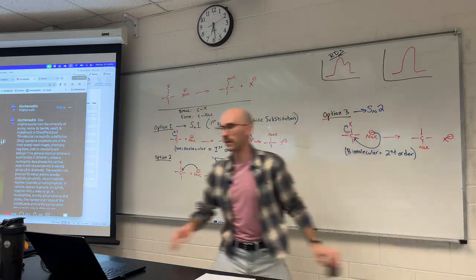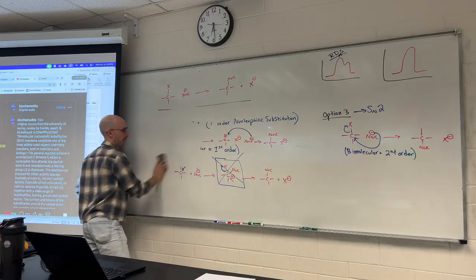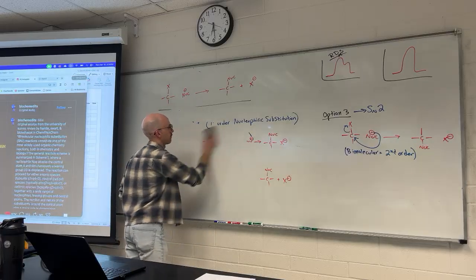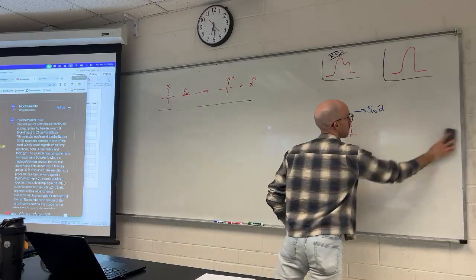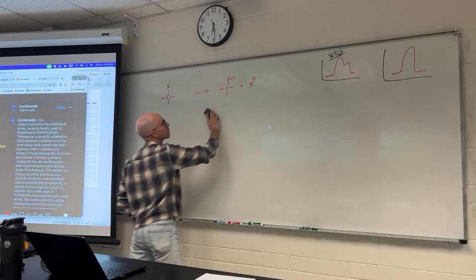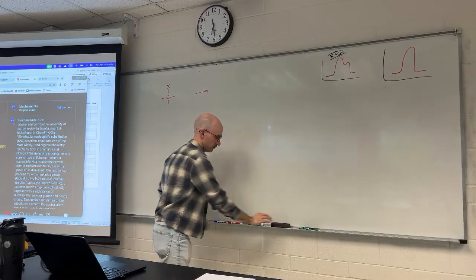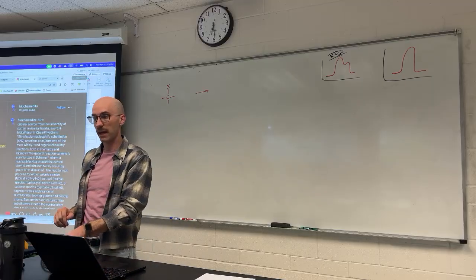Let's do a similar comparison for elimination. So for first order, can only one bond break at a time? That's not a bad way of looking at it.